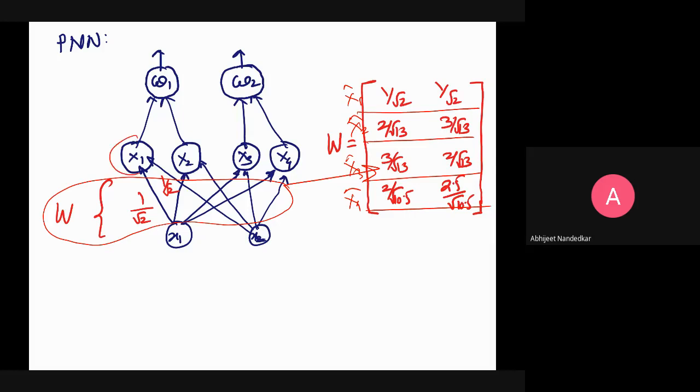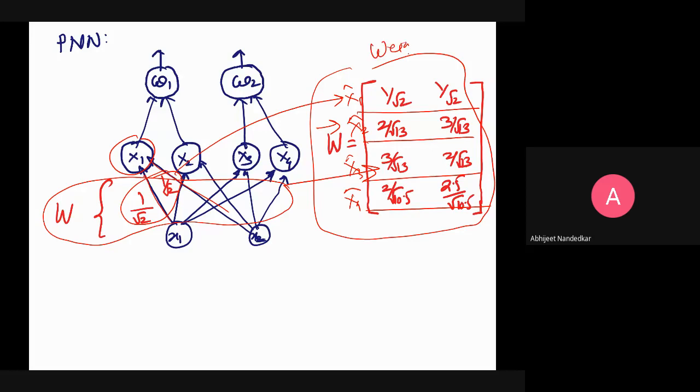This x1 and corresponding weights 1 over root 2 and 1 over root 2 you will find as row number 1. The weights of the second node you will find as entry in row number 2. So this constructed matrix is called the weight matrix.